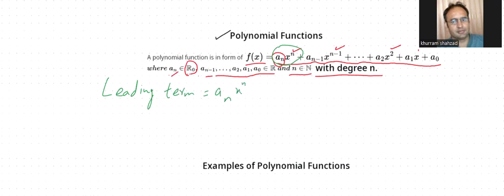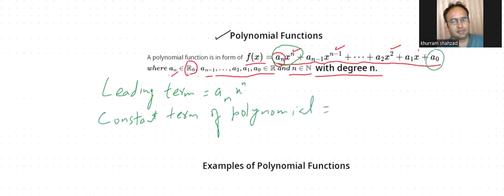And this a naught is the constant term of the polynomial. This is the constant term of the polynomial. This is equal to a naught, which is without x. Any term which is without x is the constant term of the polynomial. And this highest degree term in the polynomial is the leading term of the polynomial.